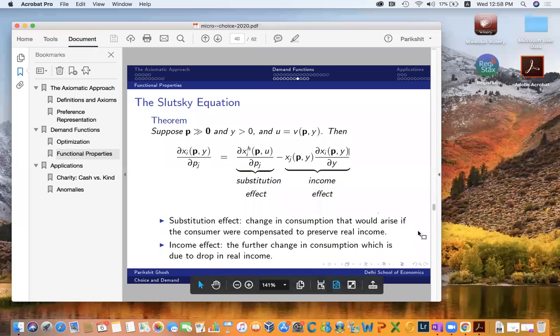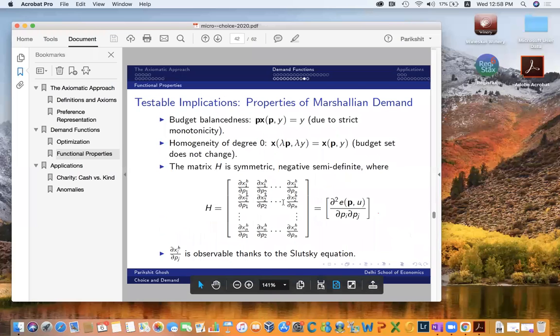And that is what ultimately makes this a testable implication. So now we can estimate all these demand functions from the market and check whether this matrix is indeed negative semi-definite, after substituting all the Hicksian slopes with the Marshallian slopes, right?